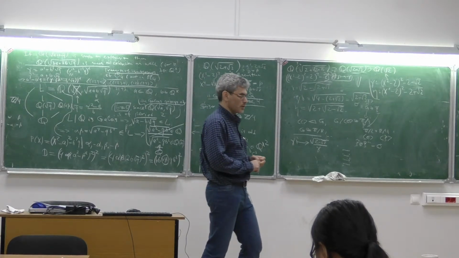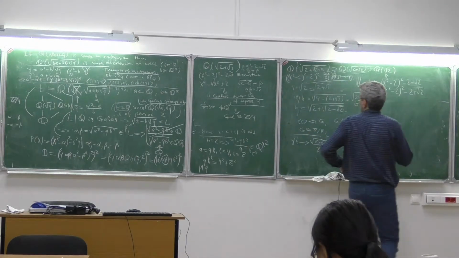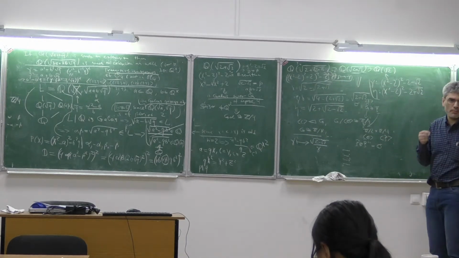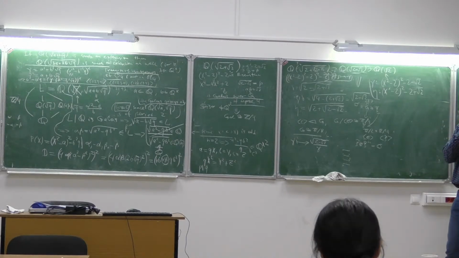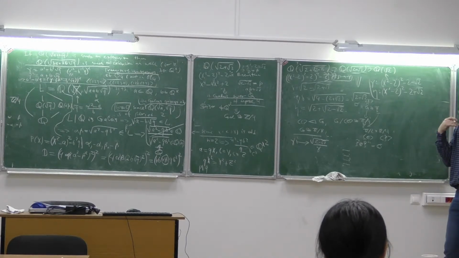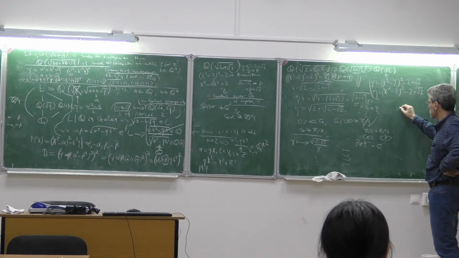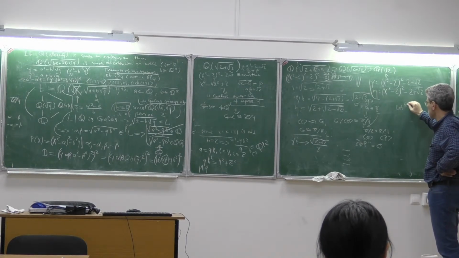What do you remember from school? I mean, like cosine of the half angle. What is cosine of theta over 2?